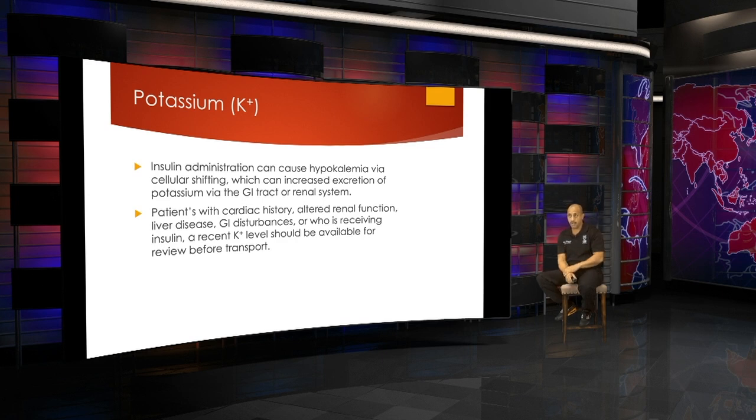It could cause shifting of potassium from outside the cell back into the cell, decreasing the potassium in the blood serum. When this starts to shift, it can cause an increase in secretion of potassium via the GI system and the renal system, and that could become a major problem. So just keep in mind when insulin starts shifting that potassium into the cell by stimulating activities of the sodium, what it can do is promote the entry of sodium into the cell, which could lead to activation of the sodium and also the ATP.